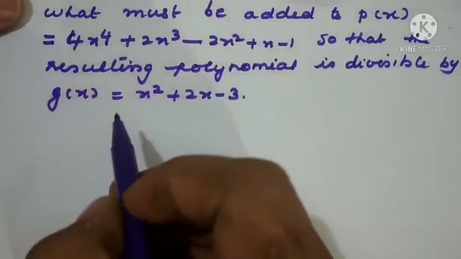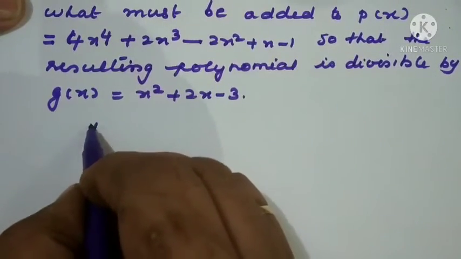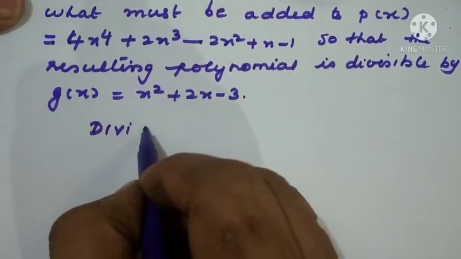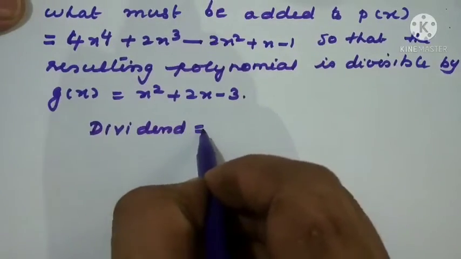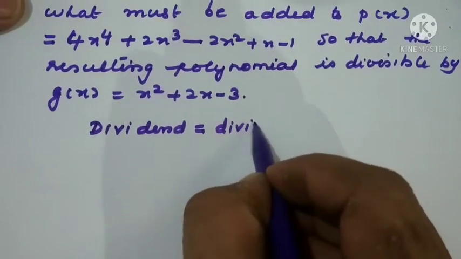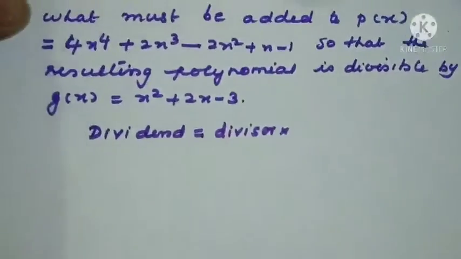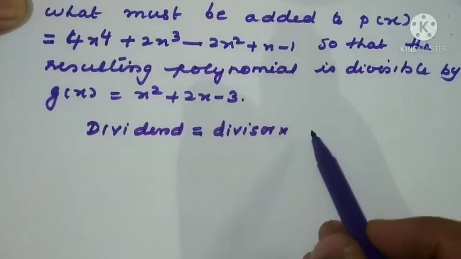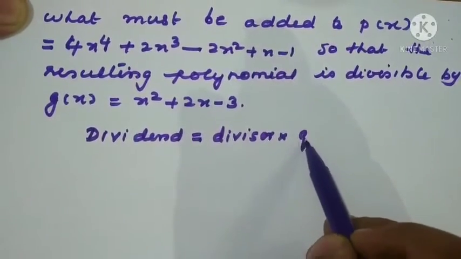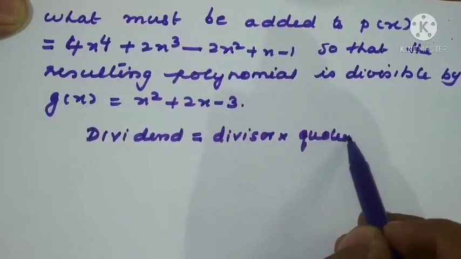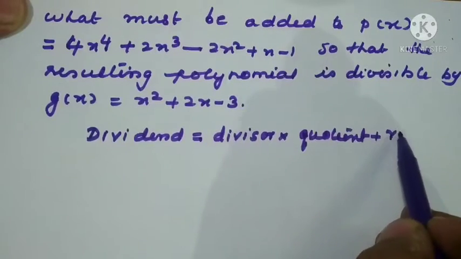So our normal division algorithm is what? Dividend equal to divisor into quotient plus remainder.